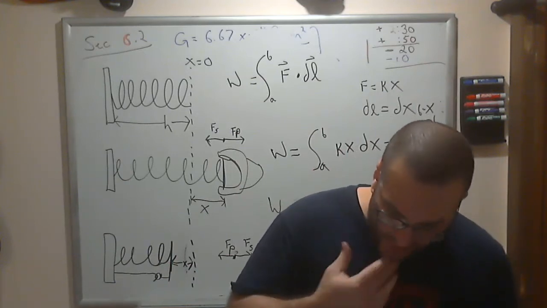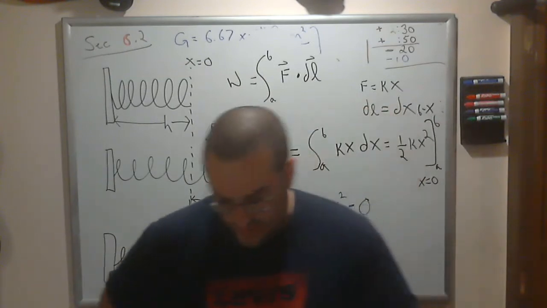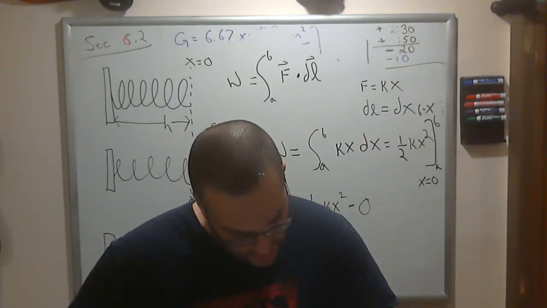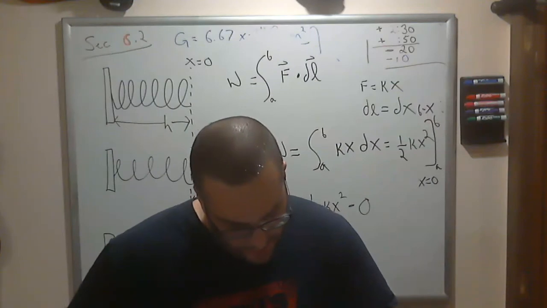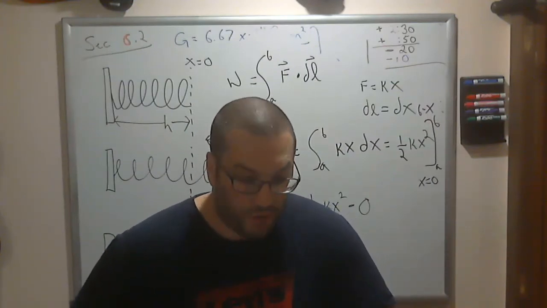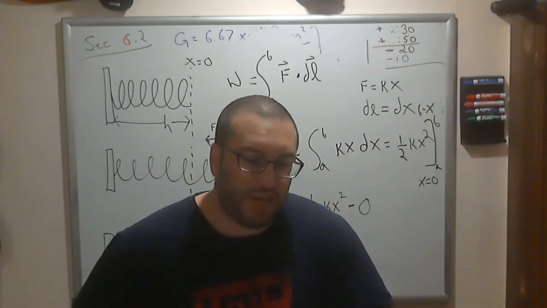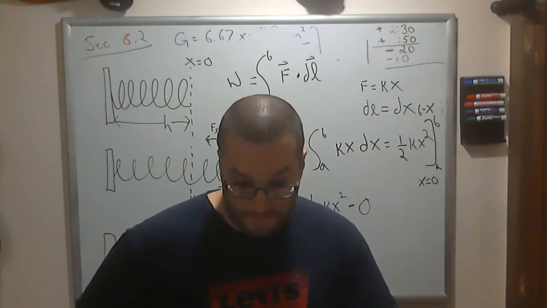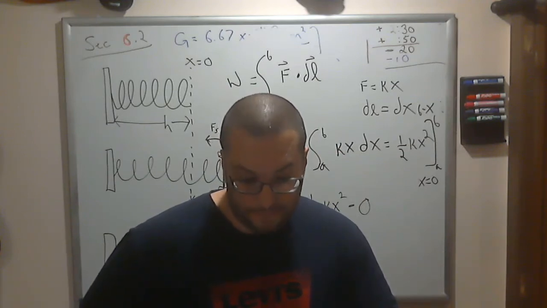Now, what energy exactly is, it's hard to define. Usually the best way to define it is the ability to do work. When something has energy, it has the ability to accelerate something, right?